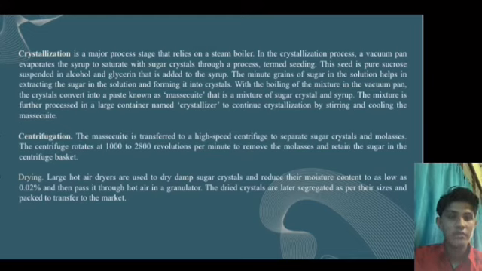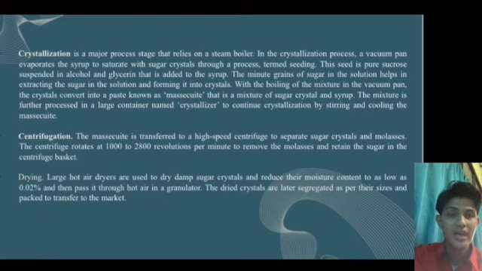Centrifugation. The massecuite is transferred to a high speed centrifuge to separate sugar crystals and molasses. The centrifuge rotates at 1000 to 2800 revolutions per minute to remove the molasses and retain the sugar in the centrifuge basket. Drying.